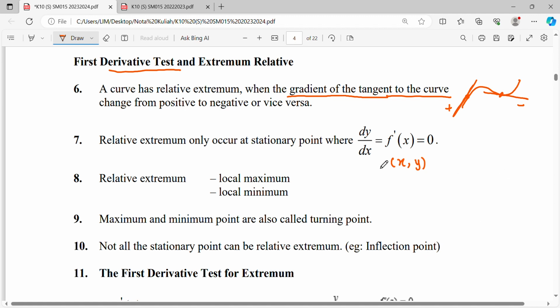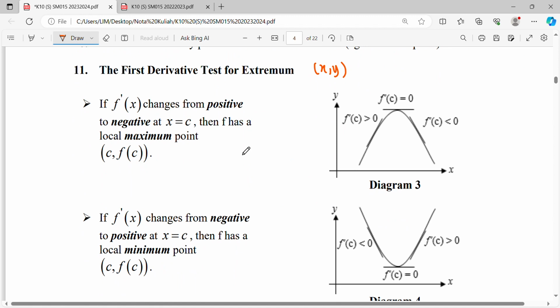After we get the critical point x, y, the first derivative test is about the gradient of the tangent. For a stationary point, you can see the gradient of the tangent at this point is 0.